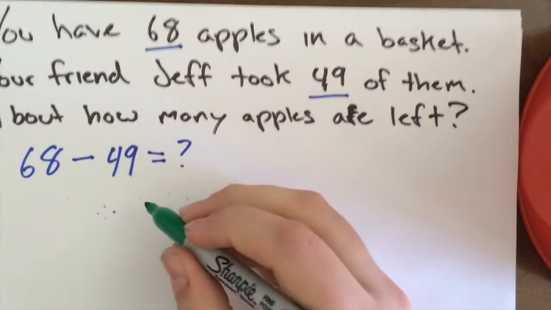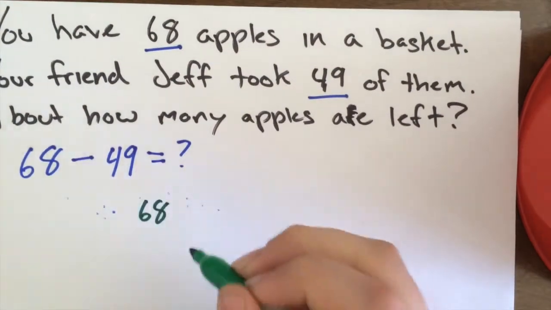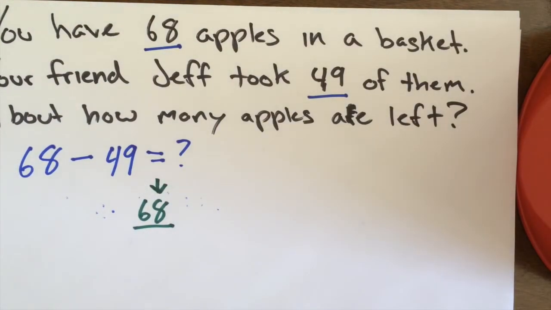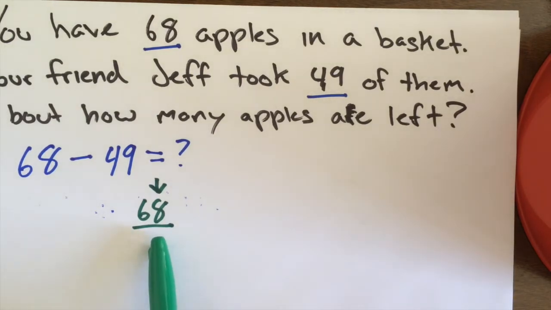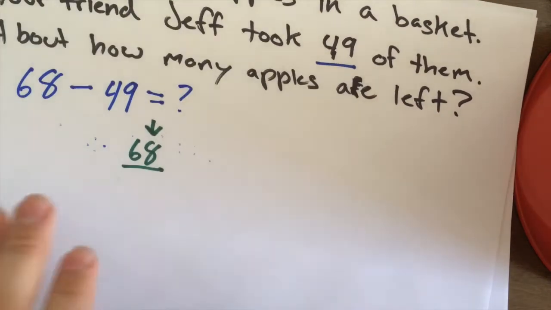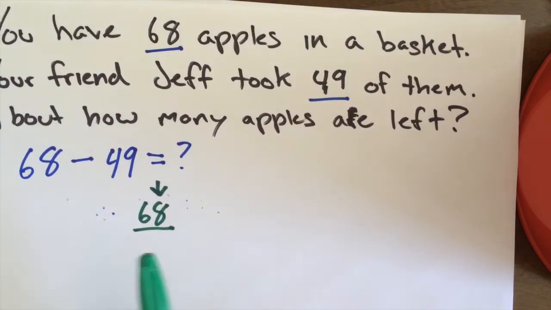Let's take our first number, 68. Identify the ones place, 8. In our earlier problem, we saw that any number ending in a 5 to 9, we're going to round up to the nearest tens. Any number that ended in the number 1 to 4, we round down to the nearest tens.